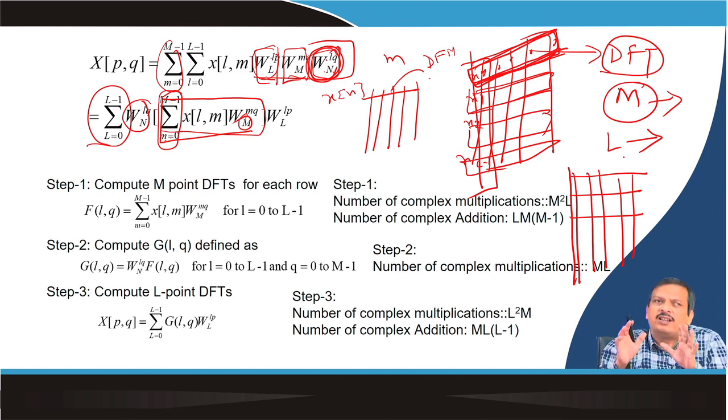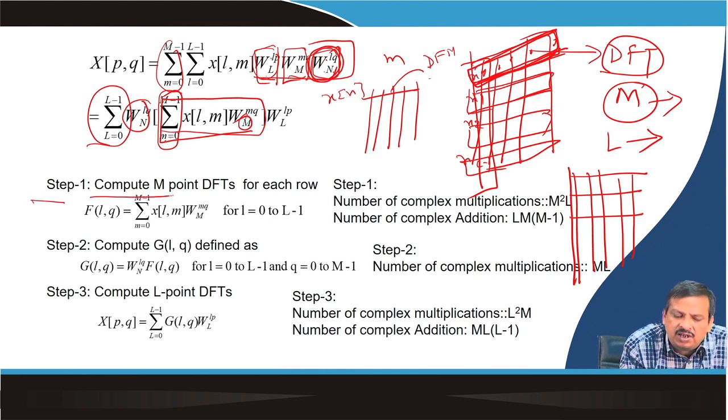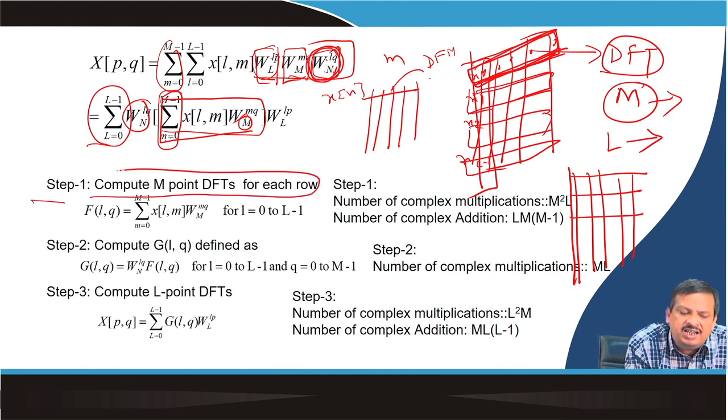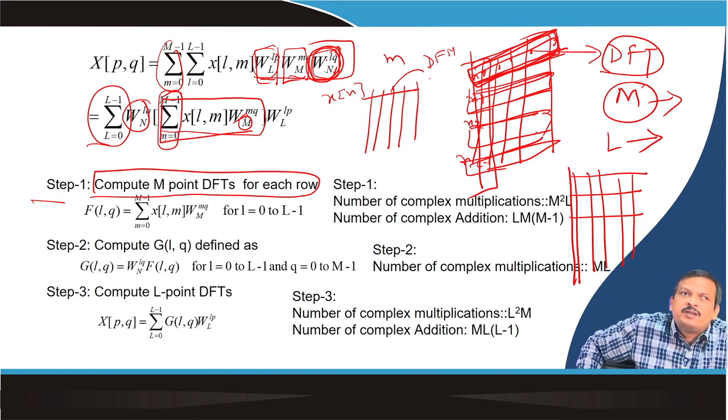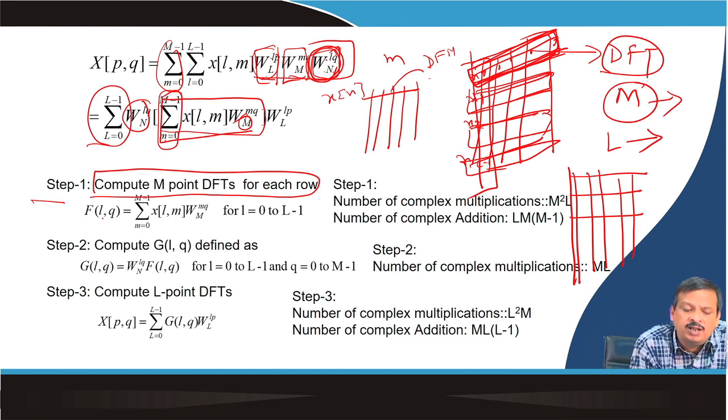So, the whole algorithm has 3 steps. Step 1: compute the M point DFT for each row, which gives F(L,Q).